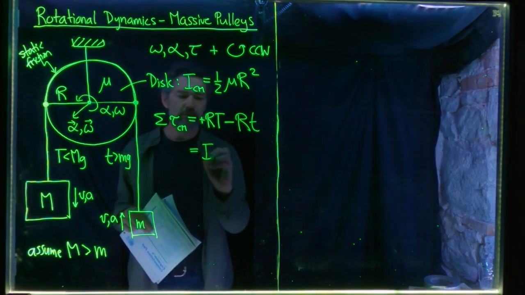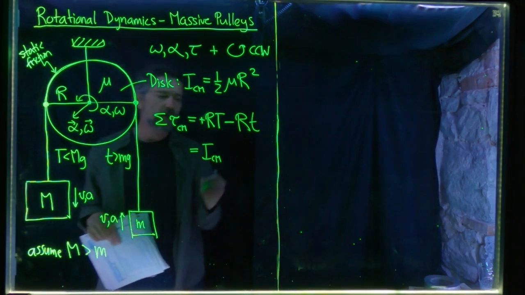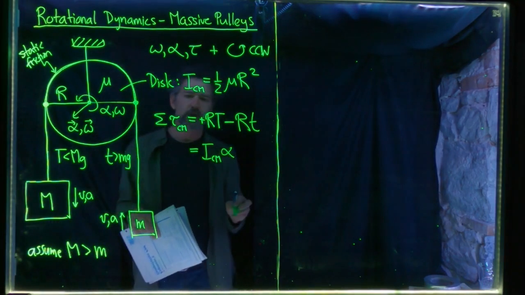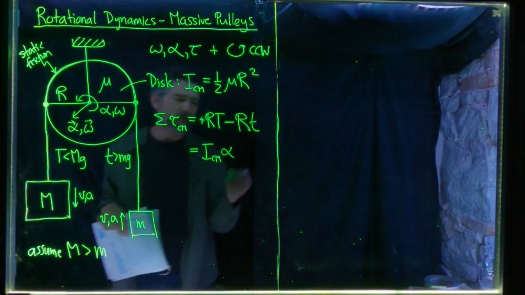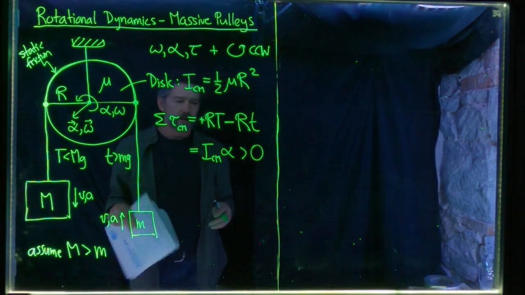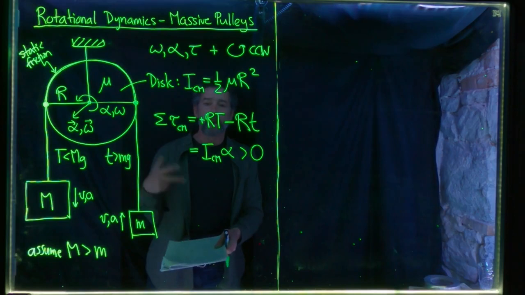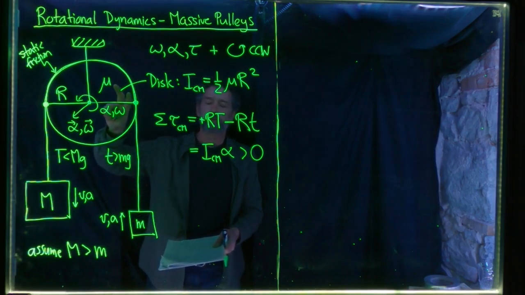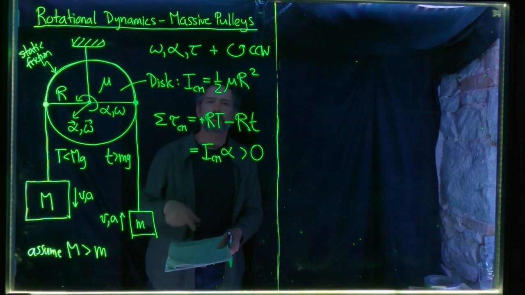So that's equal to the moment of inertia of this pulley times its angular acceleration. And if big M is bigger than little m, then this is going to be positive. Okay, and so the crucial thing here is that when the pulleys that we're dealing with are ideal or massless or have zero moment of inertia, then I_CM here will be zero, and it doesn't matter what alpha is, the net torque is just zero.